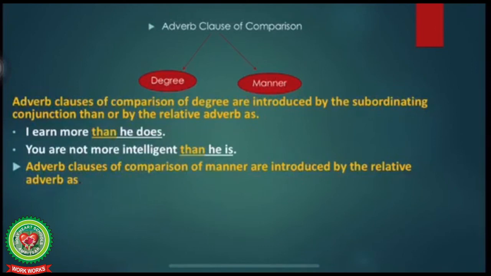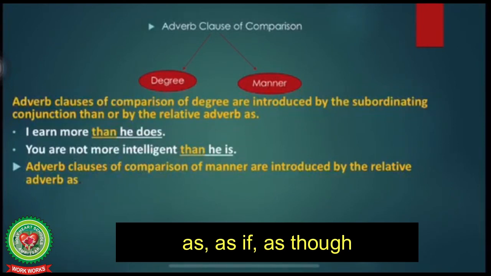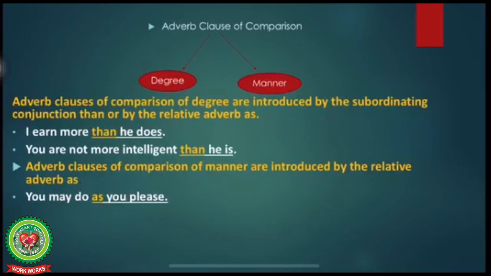Number two on the list of adverb clauses of comparison is manner. Adverb clauses of comparison of manner are introduced by the subordinating conjunctions as if, as, though. Let us see the example. You may do as you please. Again, as is a subordinating conjunction of manner.